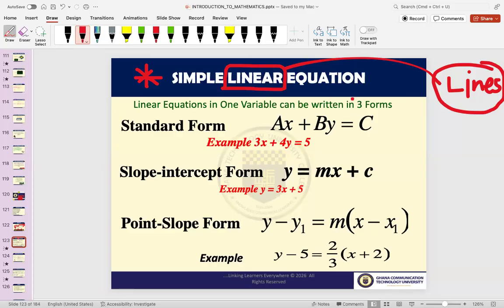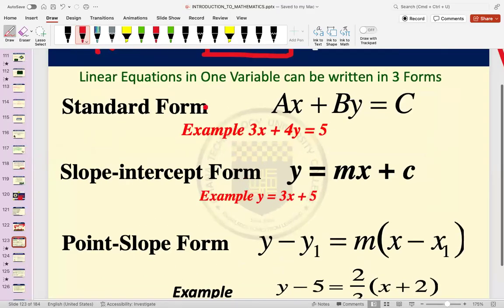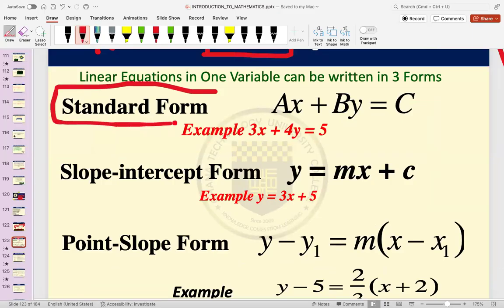This particular type, there are 3 types in appearance, and we want to take our time and look at them one after the other. So the first type is called the standard form linear equation. How does it appear? It's saying that you have a certain ax plus by equals c.